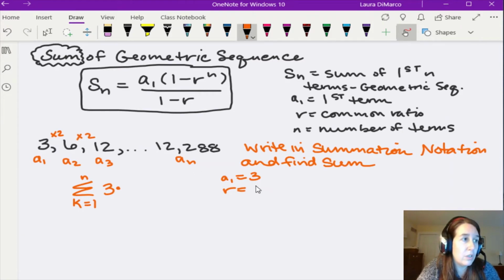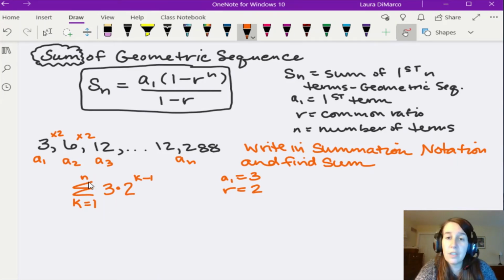Okay, so the common ratio must be 2, so that is times 2 to the k minus 1. Remember that we're using k as the index there, and n is going to be a number that we plug in. Okay, so we actually know everything that we need to know for this summation notation except for the n.